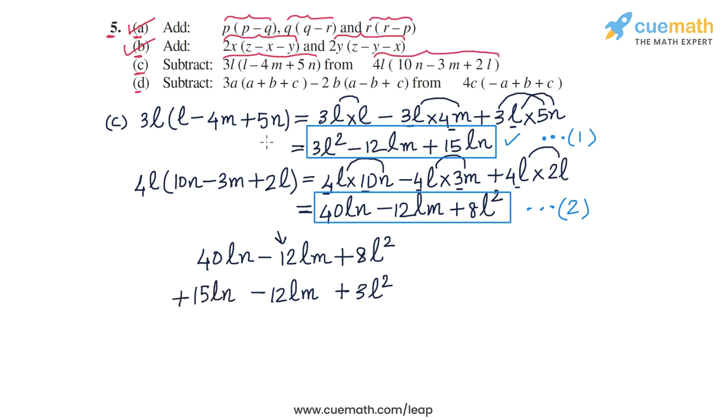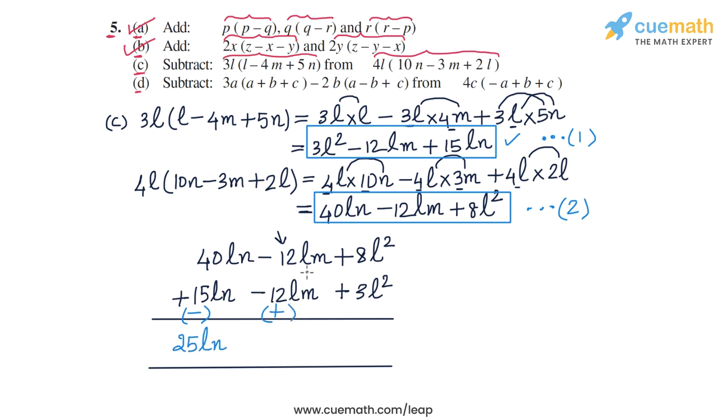And now we have to subtract these expressions. So to subtract these expressions, we will invert the sign of all the terms in the second row. So 15 ln will become minus 15 ln, and 40 minus 15 is 25, so we get 25 ln. Then minus 12 lm becomes plus 12 lm, and minus 12 lm and plus 12 lm becomes 0, so we get 0.